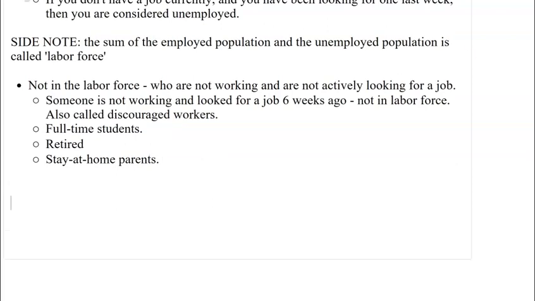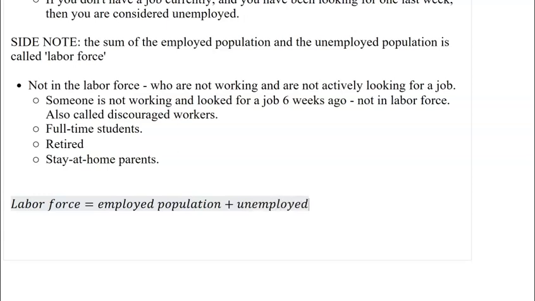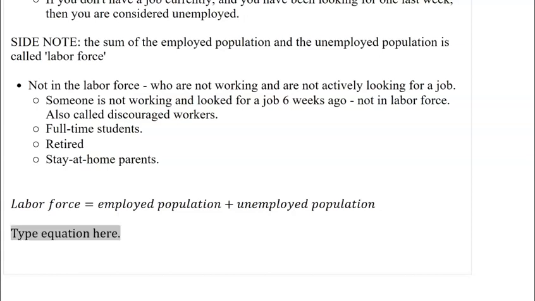So when we are talking about that, we need to look into some equations. So first is, as we said, labor force equals the employed population plus the unemployed population. Now, another important macroeconomic measure that we are very interested in is called the labor force participation rate.